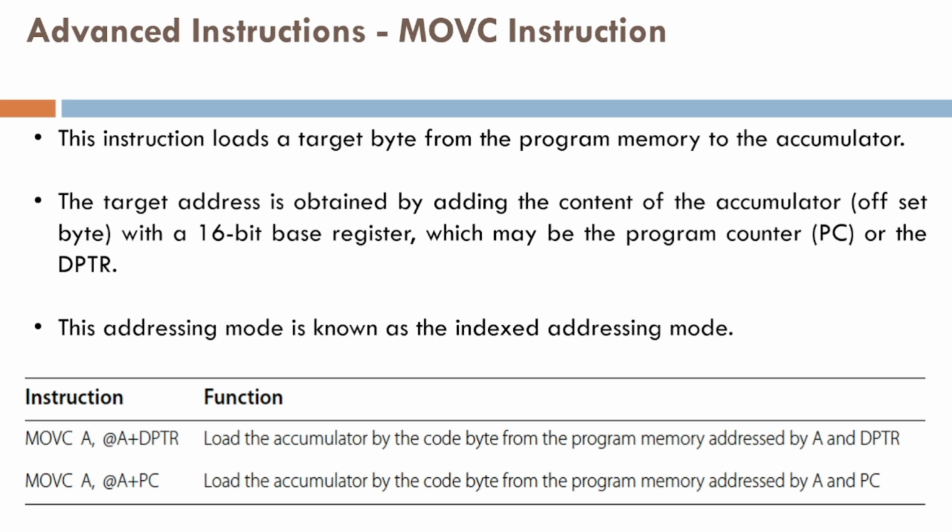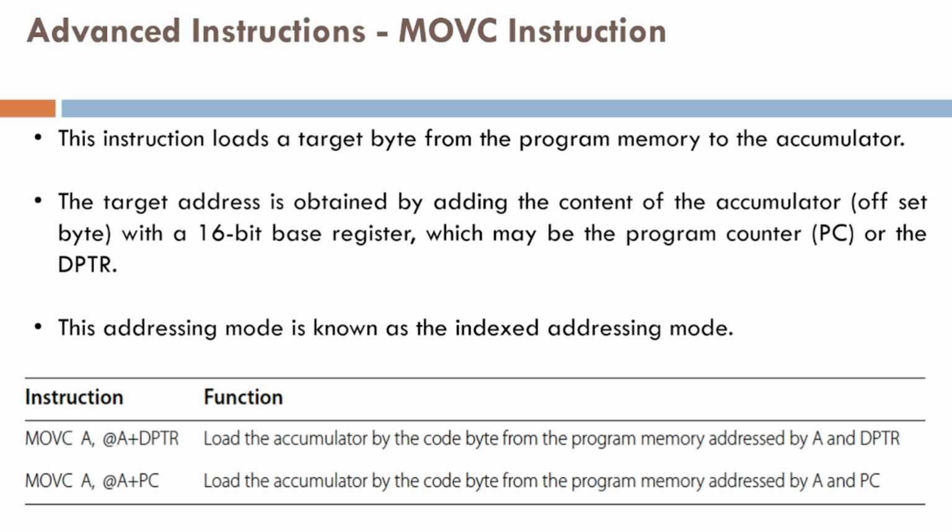In this instruction, the target byte is somewhere in the program memory, and the address of the target byte is obtained by adding the present content of the accumulator to either the DPTR or the PC.